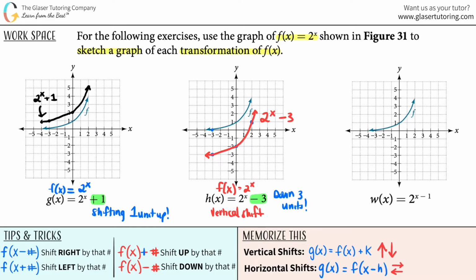Okie dokie. Last one. w of x equals 2 to the x minus 1. The original function was f of x equals 2 to the x. Okay, now what is different? This minus 1. Is this a horizontal shift or is this a vertical shift? Is this minus 1 with the parentheses or with the function, or is it after the function?